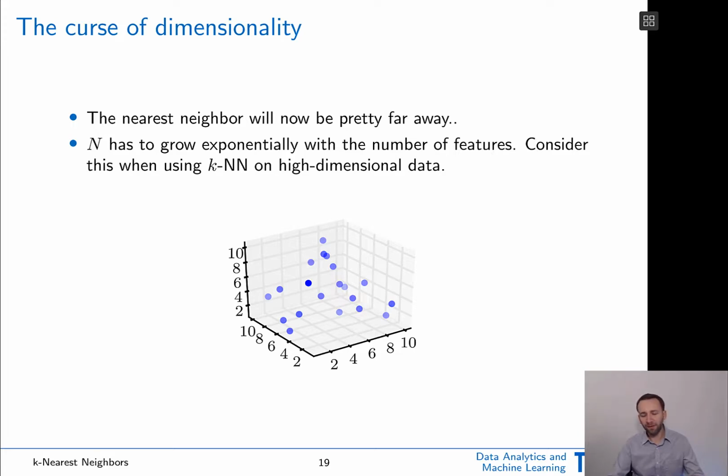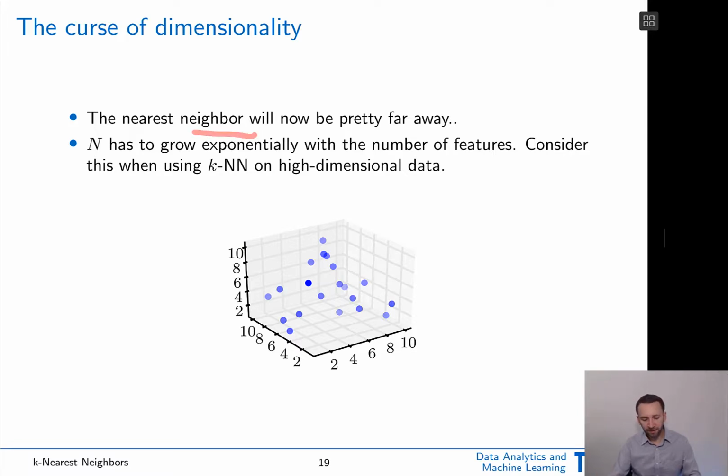To solve this problem, in principle, we can of course collect more data. If we collect more and more data, if we are lucky, there is someone who is again similar to myself. But the number of samples has to grow exponentially, because the space grows exponentially. It's 10 to the power of 3, 10 to the power of 4, 10 to the power of d possible choices if we have d dimensions.